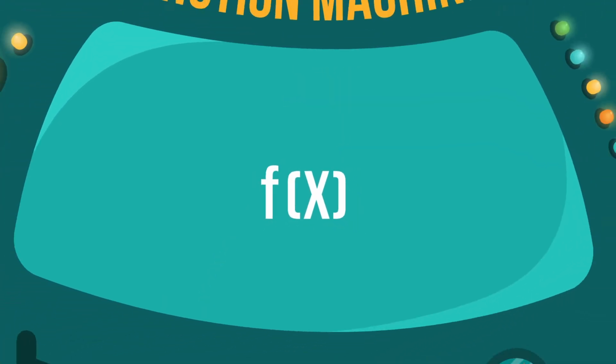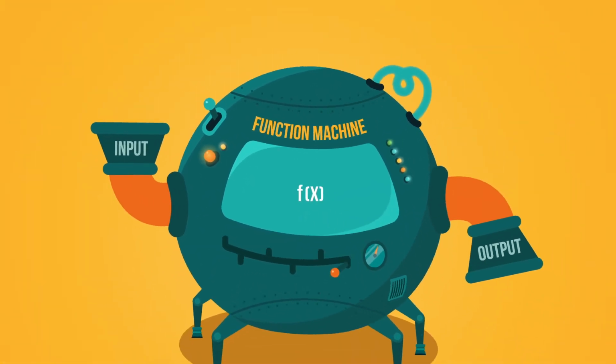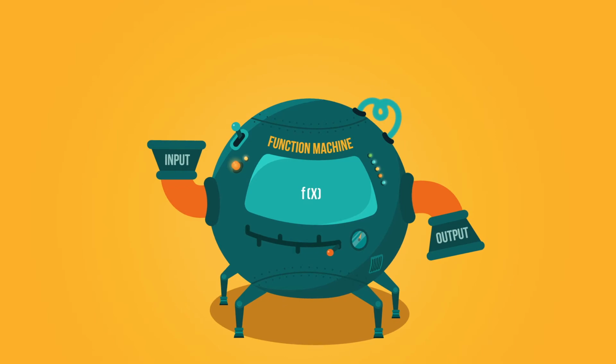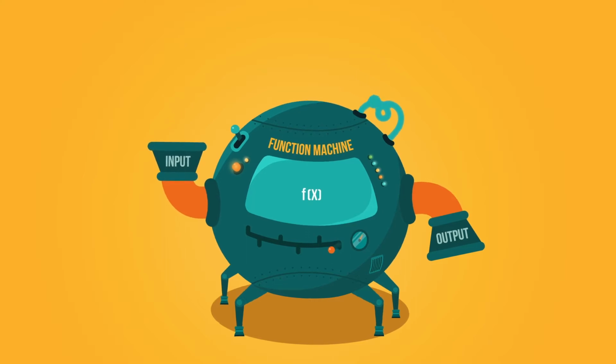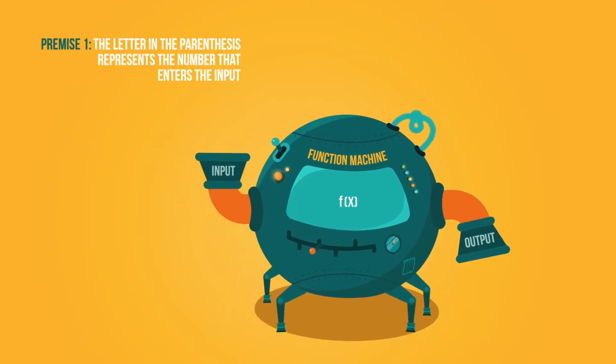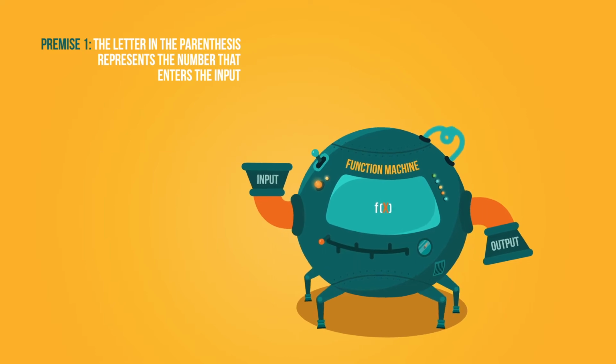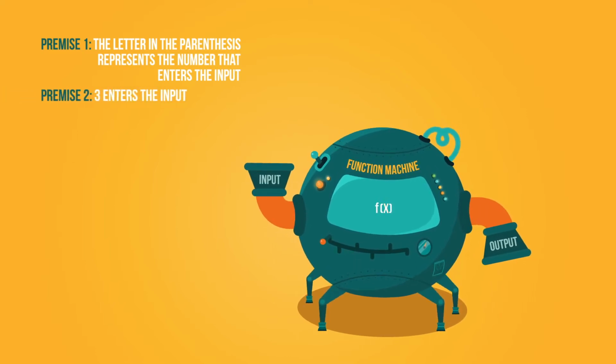Let's shift our focus back to the case we're dealing with. In this case, the number that enters the input is 3. We know that the letter in the parentheses represents the number that enters the input. We also know that 3 enters the input.